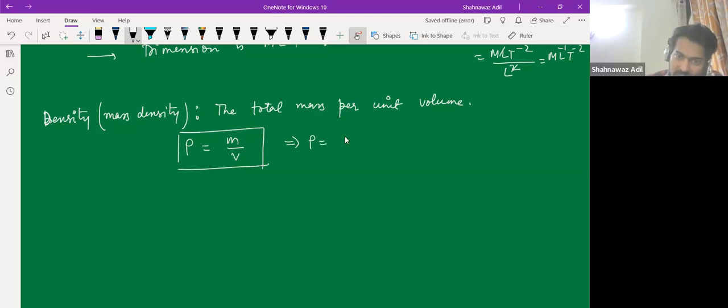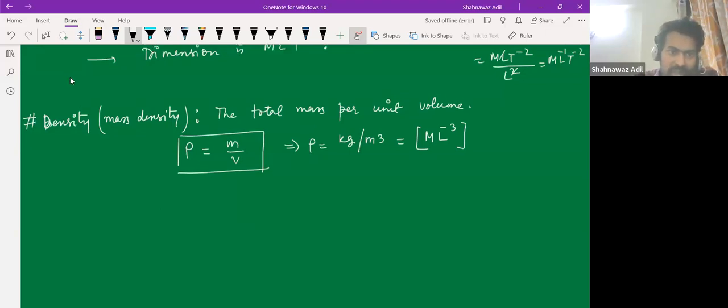Mass is kg, volume is meter cube, so this is kg per meter cube, and dimension would be ML to the power minus 3. This is another parameter which is very important. In your book, the densities of some fluids are given. Let's say water has a density of 1000 kg per meter cube.